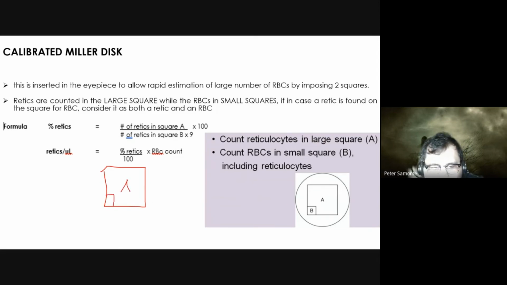Yung large square nyo, that is your A. The small square is your B. Yung A nyo class, itong area na to, this is where you would count your reticulocytes. While itong small area na B, this is where you would count your RBCs.